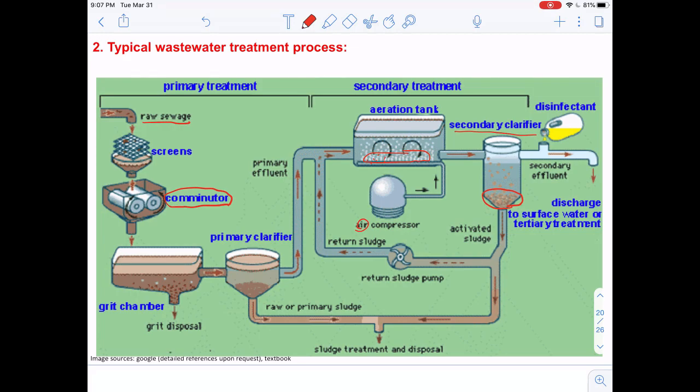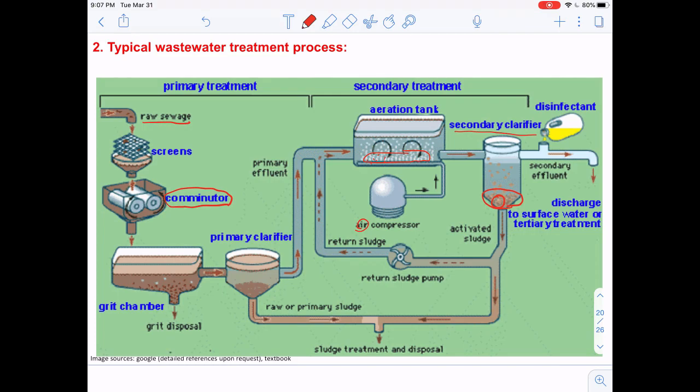And what we do is take a part of this activated sludge back into the aeration tank, right? So as the video shows, these are basically the microorganisms or bacteria that can eat unlimited food, so they are always consuming the organics in the water by using this recirculation process here.